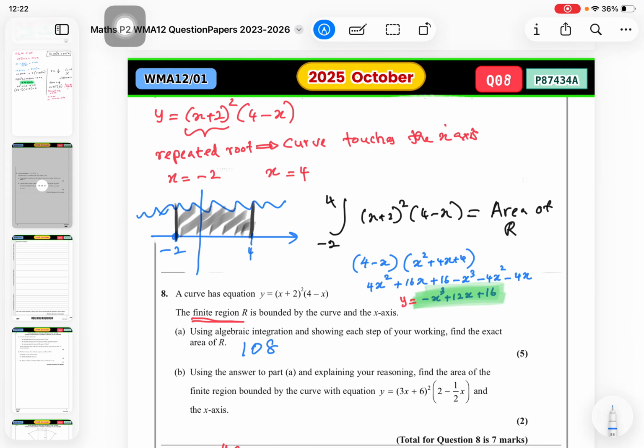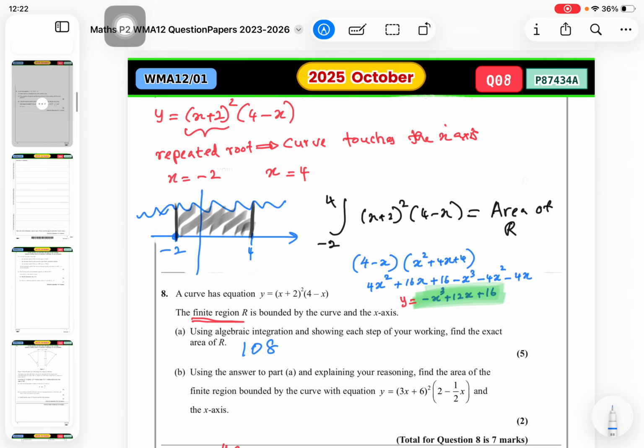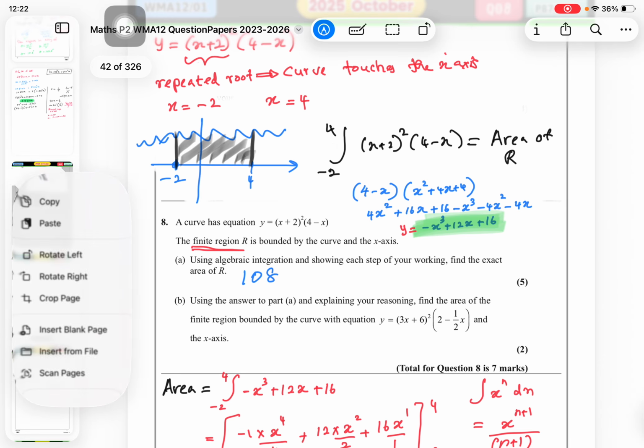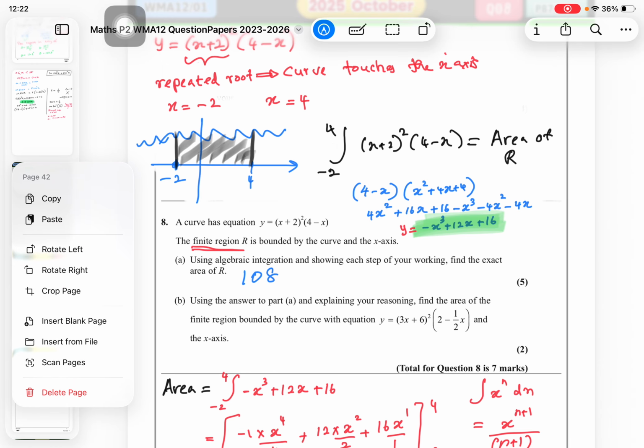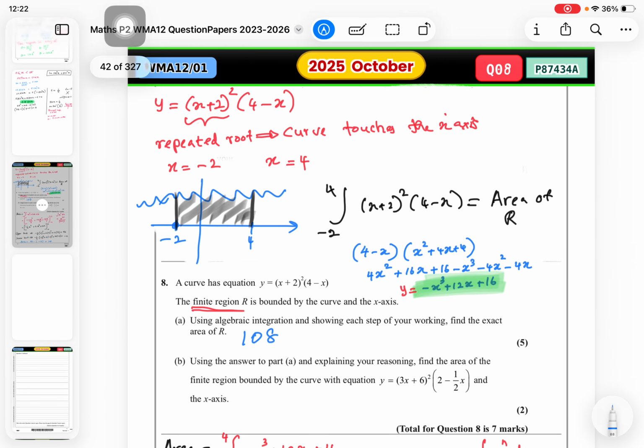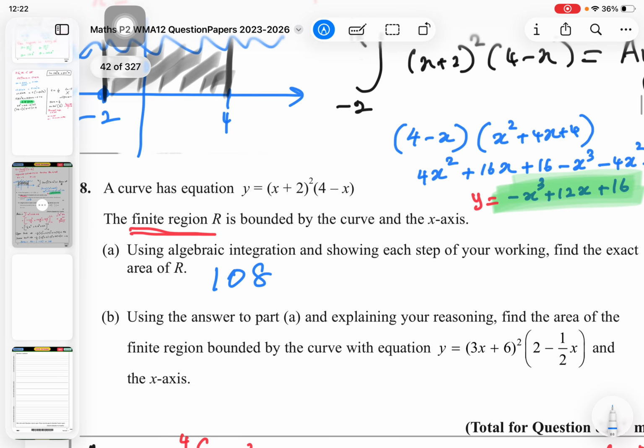To do that, we will need a little bit of space, so I'll enter a blank page underneath. Okay, we got a blank page, and they are asking us this value.